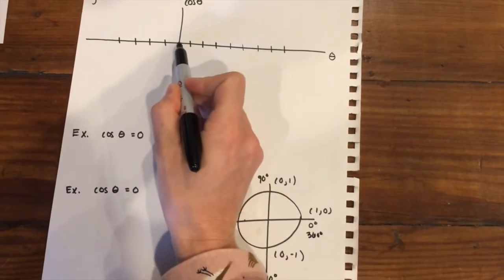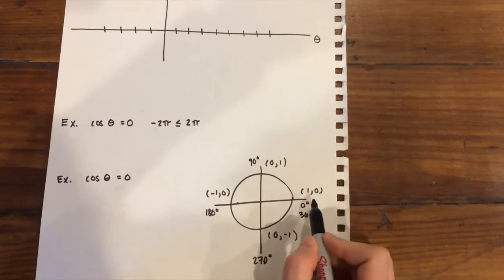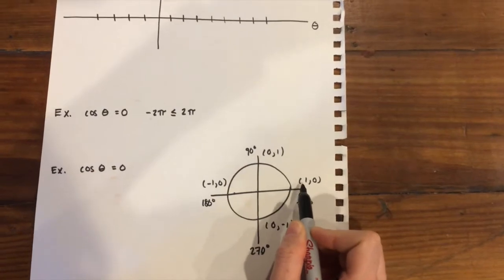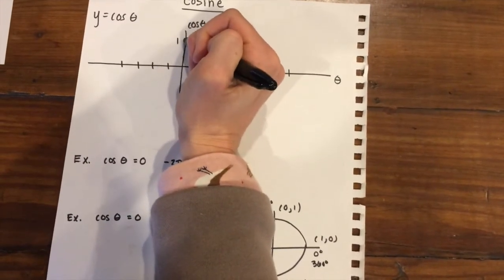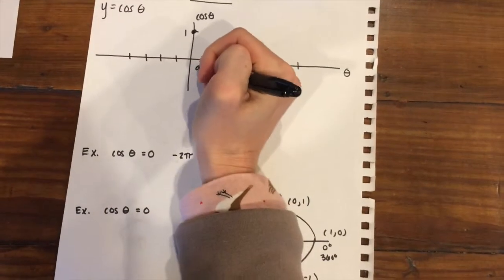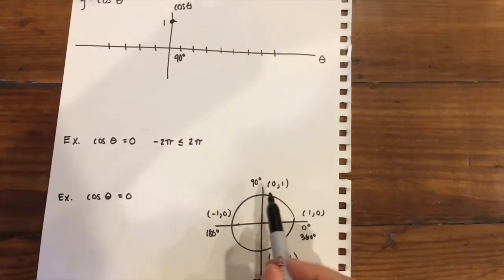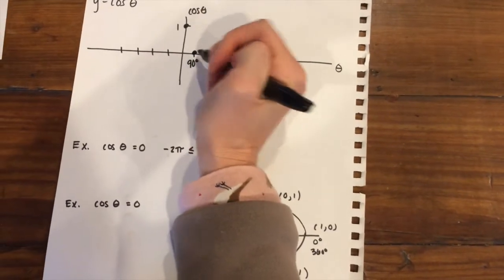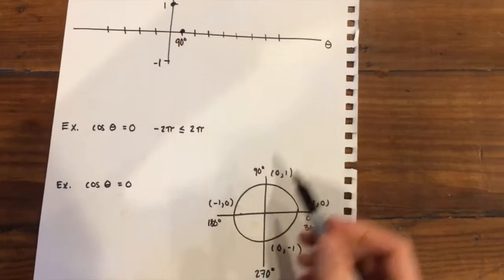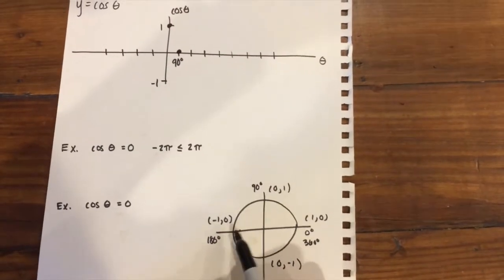So at 0 degrees here, cosine is your first value, so cosine equals 1. So at 0 degrees, I'm going to plot 1. Now I'm up at 90 degrees. So the cosine of 90 degrees is 0, so I plot 0 there. And then I'm at 180.